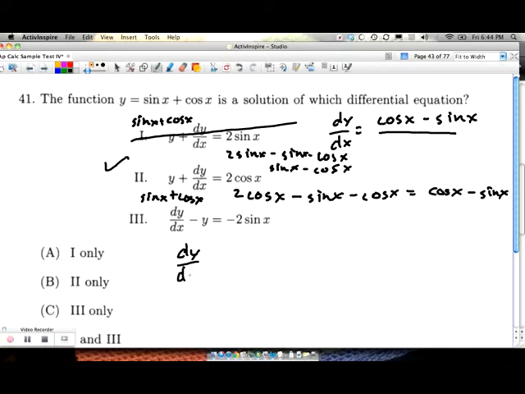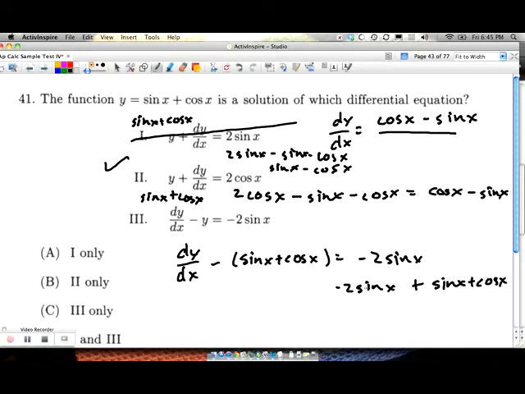Let's look at 3. dy dx minus, now we got y. So this is going to be sine x plus cosine x equals negative 2 sine x. Now if I move those to the other side, that means I'm going to have negative 2 sine x plus sine x plus cosine x. Well, negative 2 sine x and sine x, those would combine to make negative sine x.